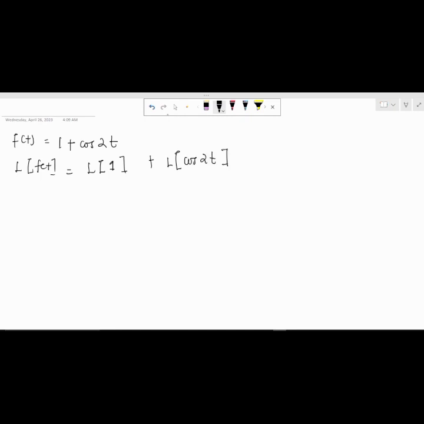So remember from our proofs earlier that the Laplace transform of 1 is equal to 1 over s. So we have this here directly. And remember that the Laplace transform of cos at is equal to s over s squared plus a squared. So we have, and our a is 2, so we have s over 2 squared plus s squared, giving us 1 over s plus s over 4 plus s squared.